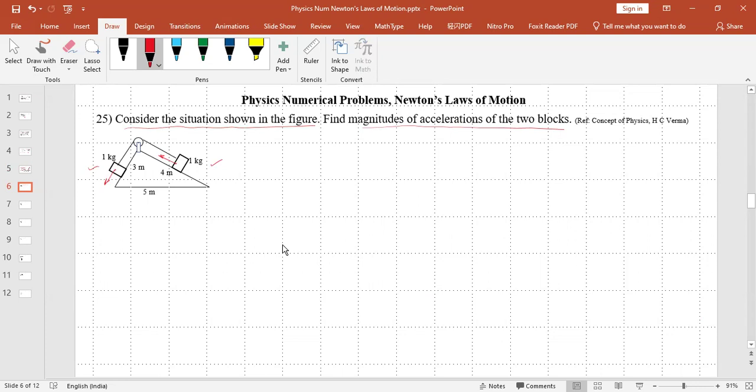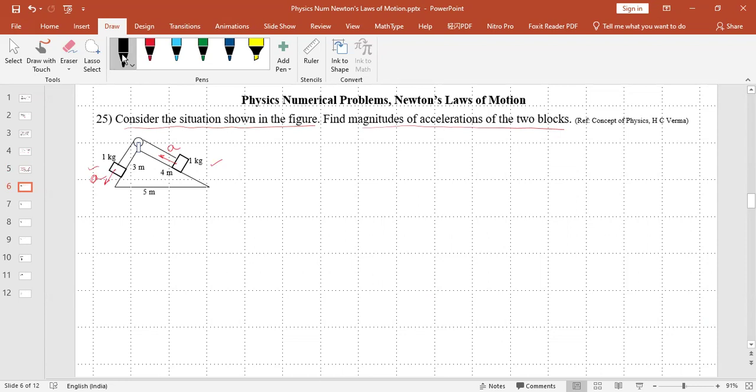And this is the acceleration A, say. And this is also acceleration A. Both accelerations are the same. We have to only find out the magnitude of this acceleration. Direction they have not asked. Of course, both the directions are neither vertical nor horizontal, they're inclined.